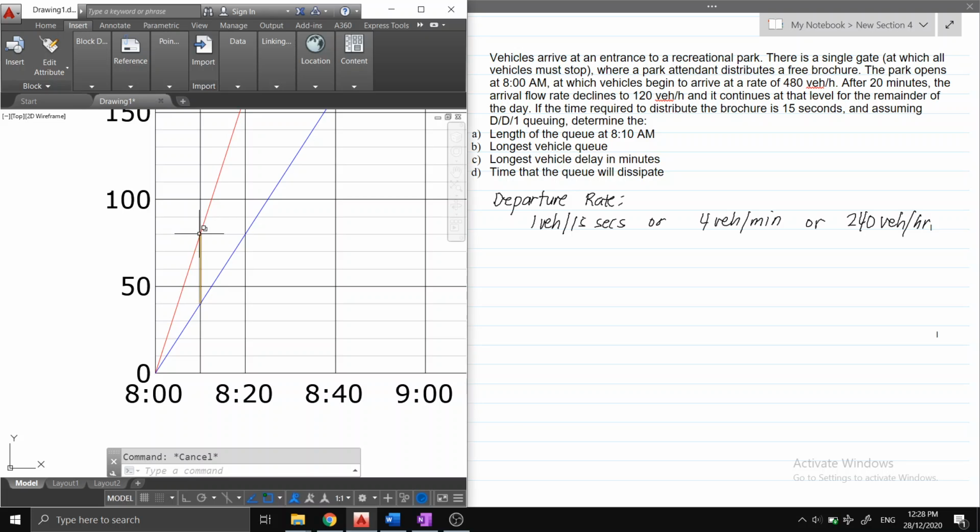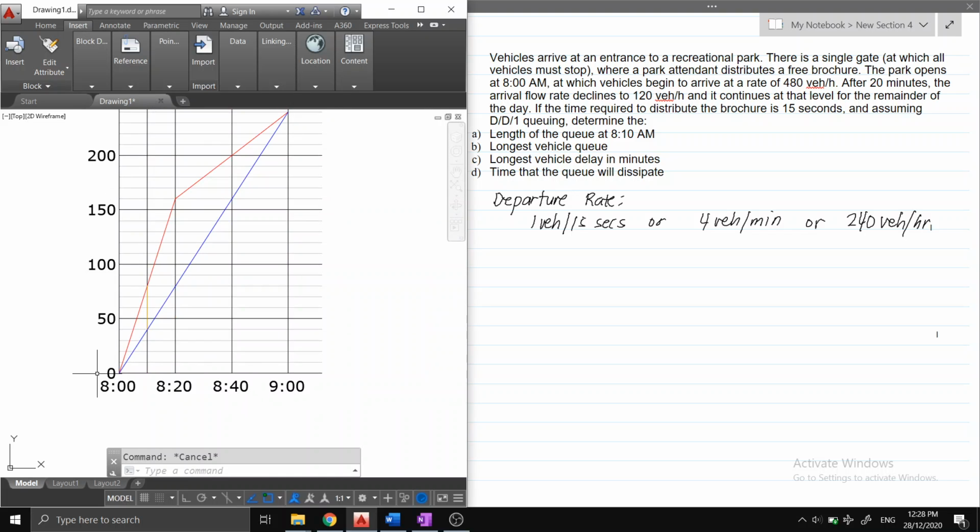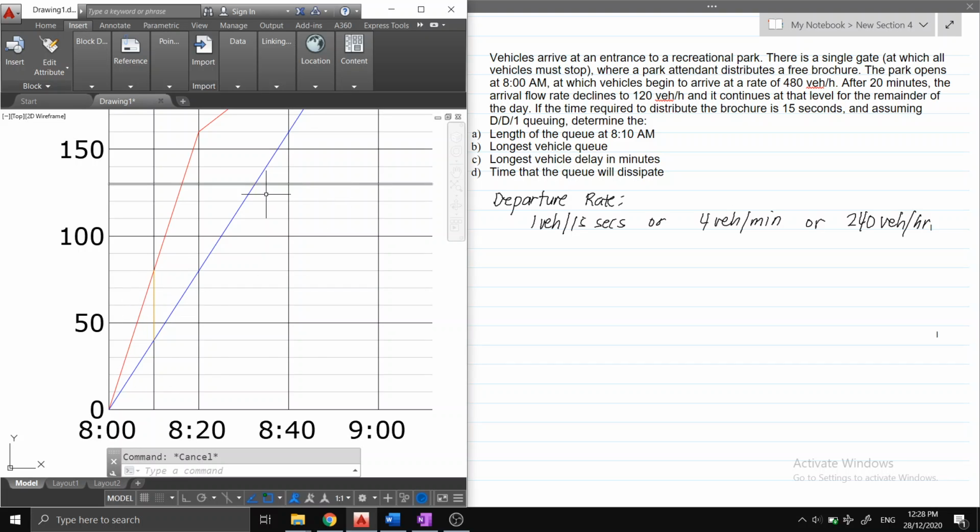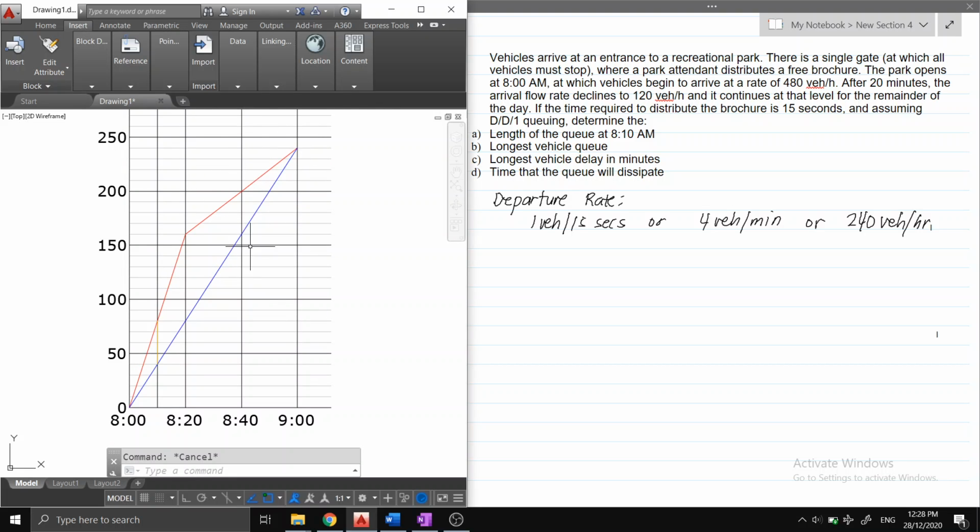Pwede nyo siyang kunin kung ilang vehicles yung dumating at 8:10 and kung ilan yung nag-depart at 8:10. So, pwede nyo silang ipag-minus. So, maraming possible na solution in solving DD1 queuing.